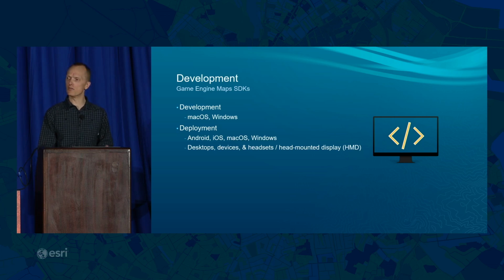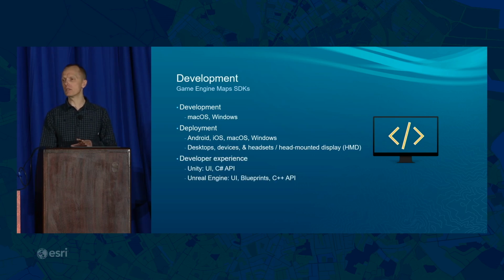So we're interested to hear from you if you're thinking about building applications that you want to deploy to the Linux operating system. And then you can deploy to a range of different hardware devices and device types. So high-end desktops, mobile devices, but also specific headsets and head-mounted devices that are built for augmented reality, mixed reality, and virtual reality.